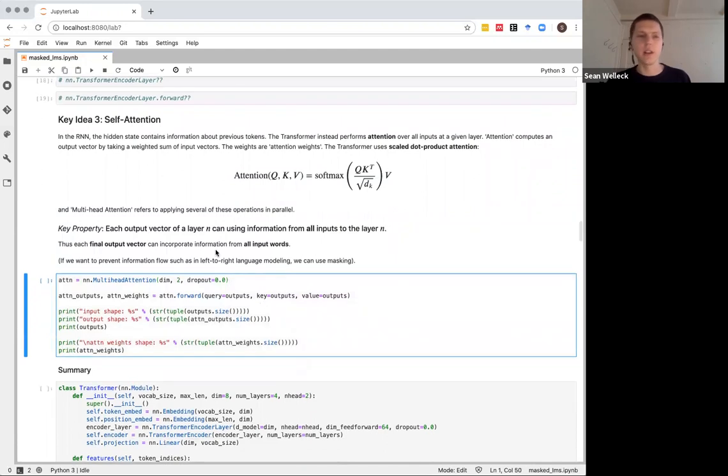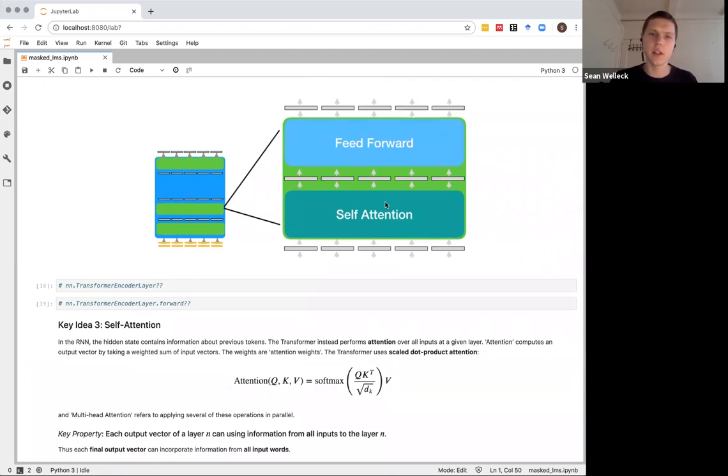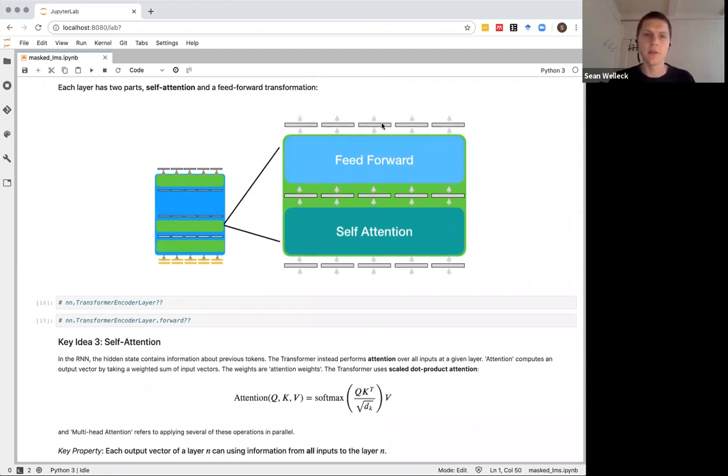One last thing to say is, why are we using this self-attention at all? The key idea is that the output vector at each layer is able to incorporate information from every single input. Let's consider this vector here. Since we're using this form of self-attention, this vector is a function of all of the input vectors here.